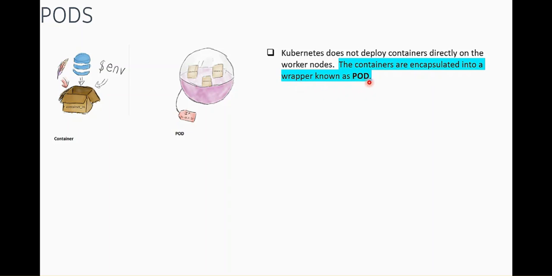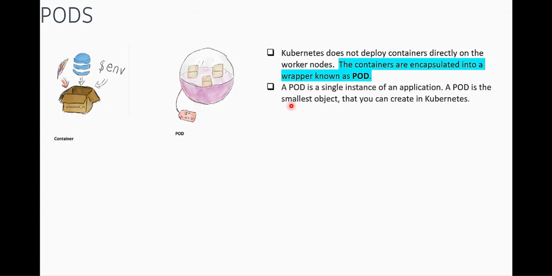And I told you the reason why: because a pod is easier to handle than a container itself. Kubernetes attaches an IP address at the pod level, and all the containers inside the pod can be accessed via different port numbers, but the IP will remain the same. So a pod is a single instance of an application.